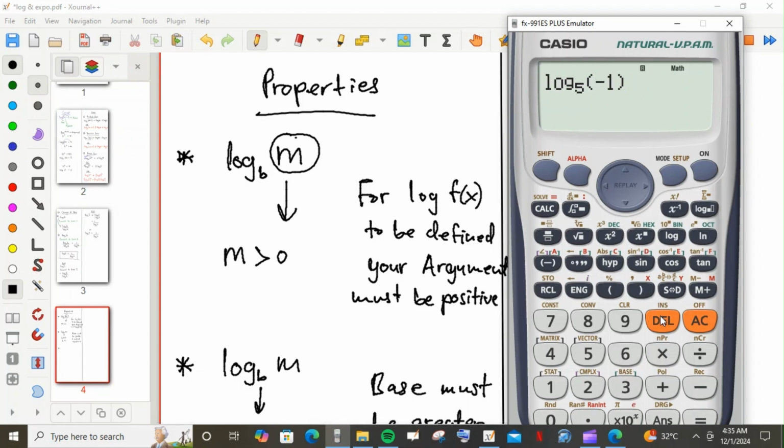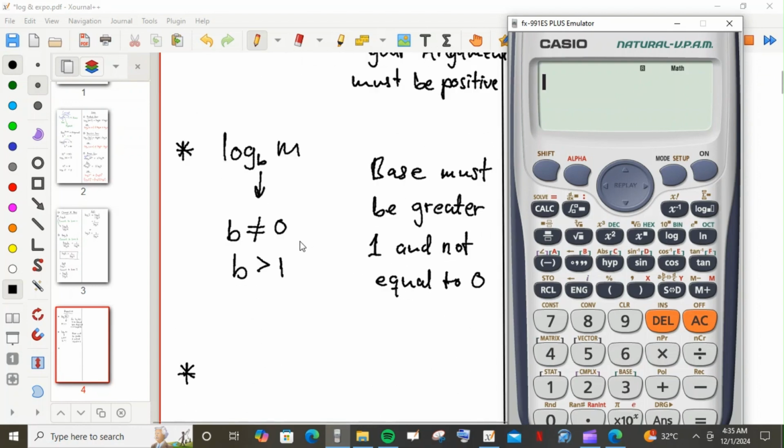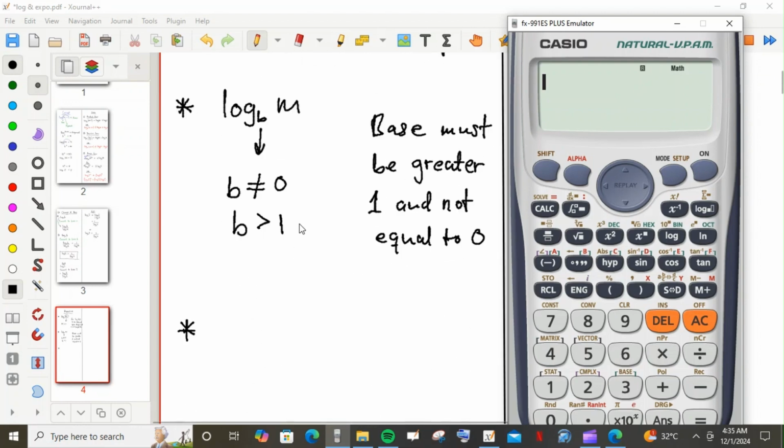What if it's negative 5? You can't solve it. What if it's negative 8? You can't solve it. So before you can solve your logarithm, your argument must be greater than 0. And for the base, it must not be 0, and it must be greater than 1.